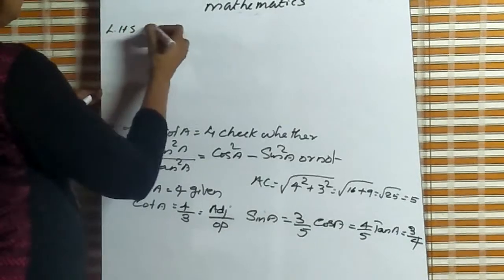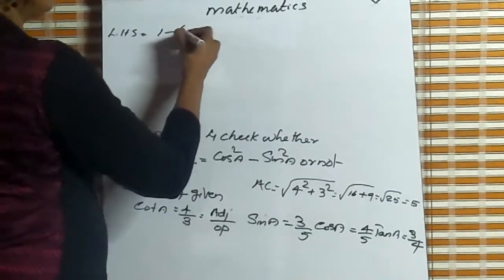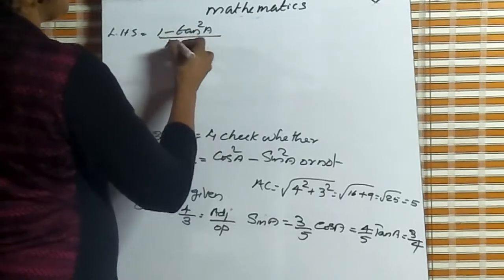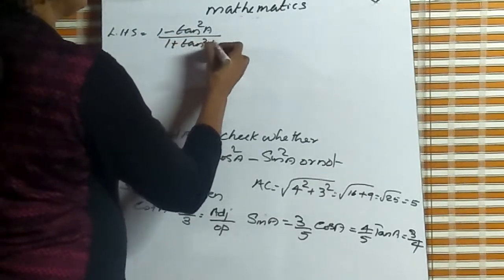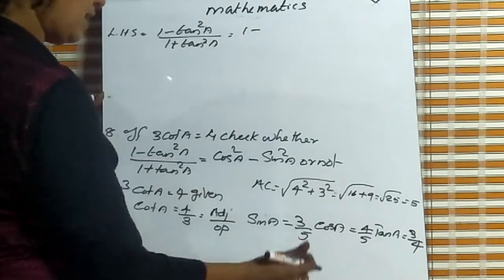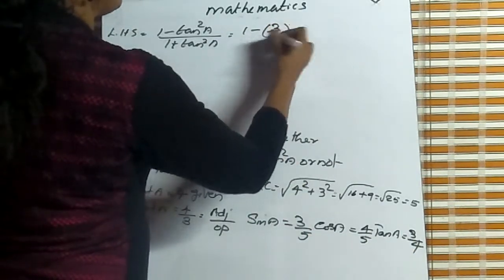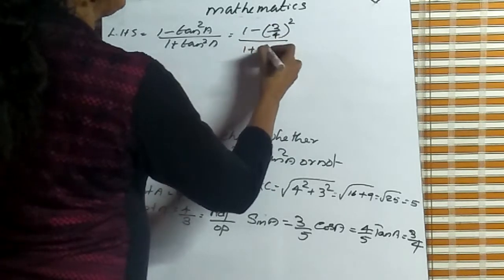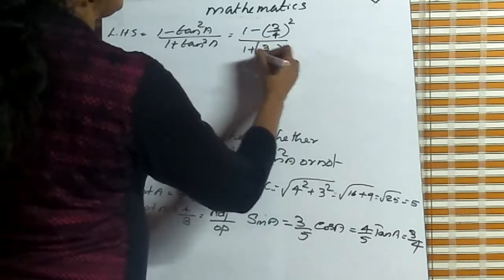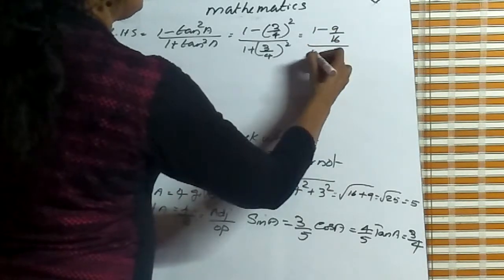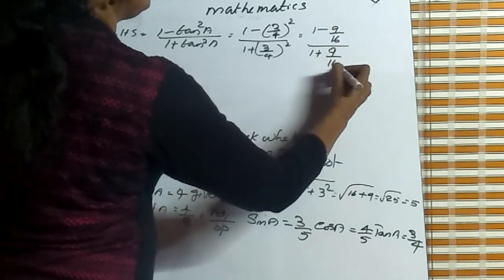LHS equals (1 minus tan square A) divided by (1 plus tan square A). What is tan A? Tan A is 3 by 4. So 1 minus (3 by 4) whole square over 1 plus (3 by 4) whole square equals (1 minus 9 by 16) divided by (1 plus 9 by 16).